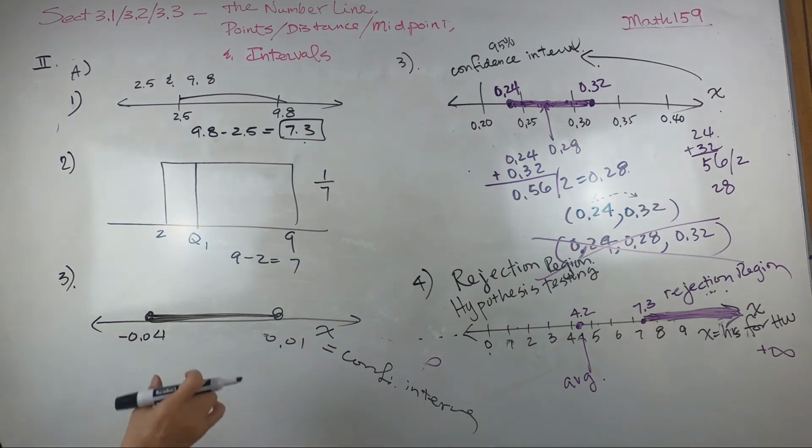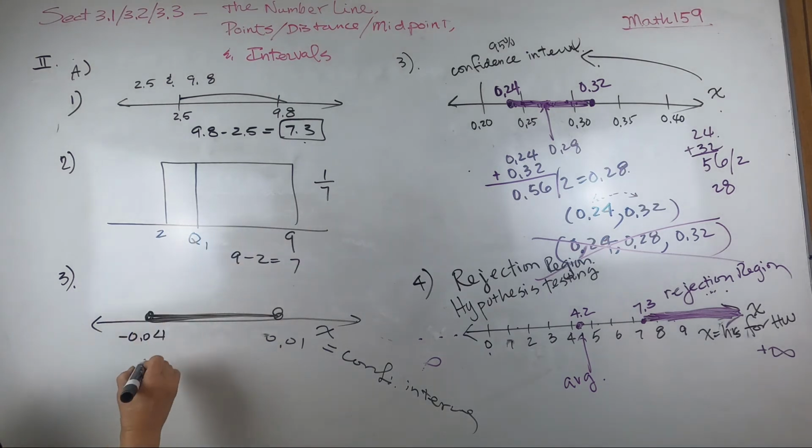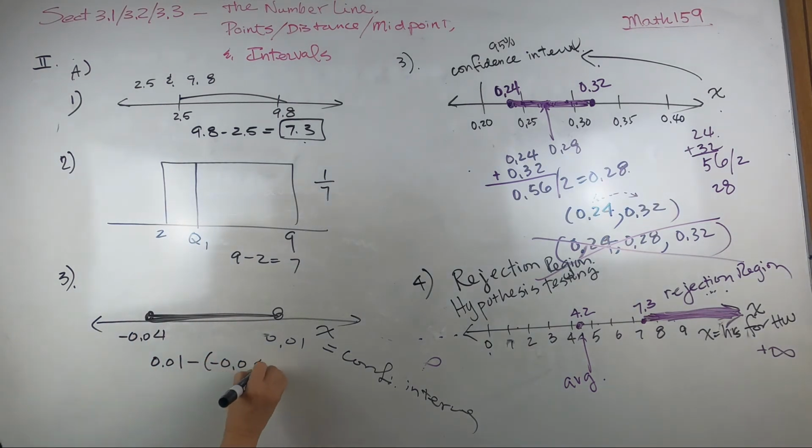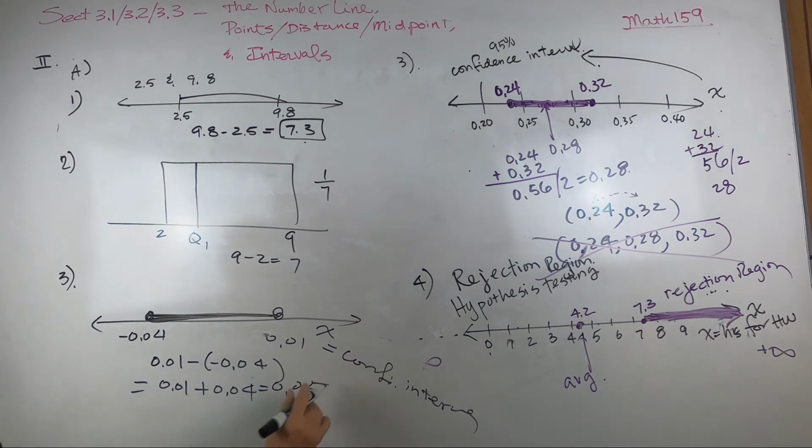Then you say, what's the width of the interval? So what do you do for the width? Find the distance, right? Would be 0.01 minus negative 0.04. So negative, you change it to positive. So you need to know how to handle the negative number. So that would be what? 0.05.